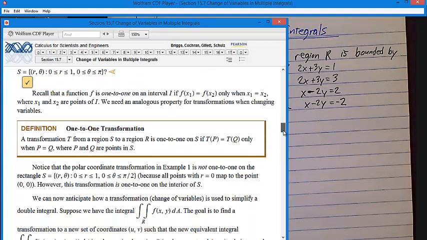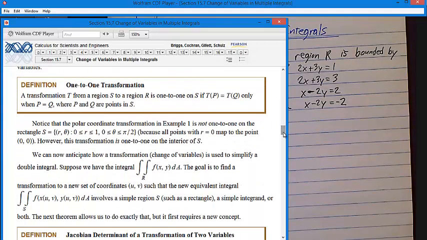Polar to rectangular, 1 to 1. This is a really nice math word, 1 to 1. The idea of a transformation being 1 to 1 means that you can go both ways. It has an inverse. I can transform it and I can transform it back. And I think that's all I want to say about it for now.